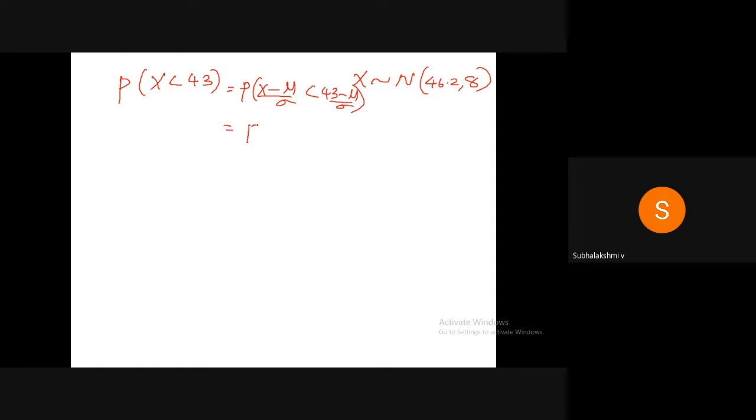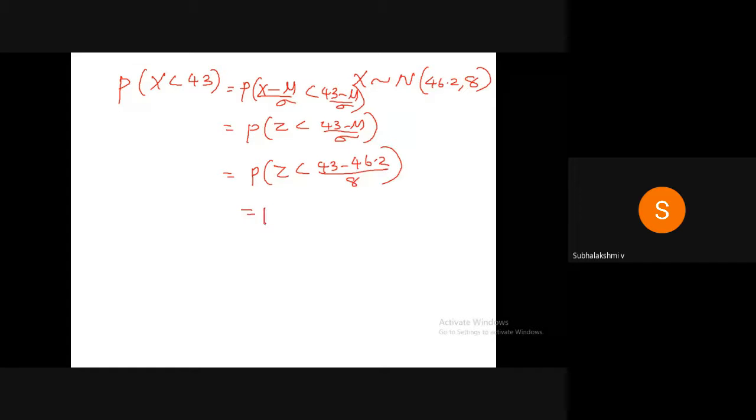That is the standard normal form Z less than (43 minus 46.2) divided by 8, which is Z less than minus 3.2 divided by 8.